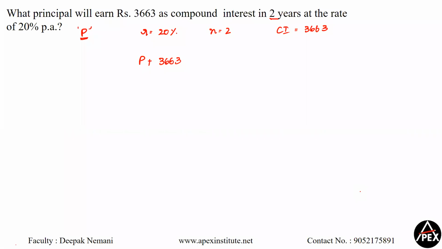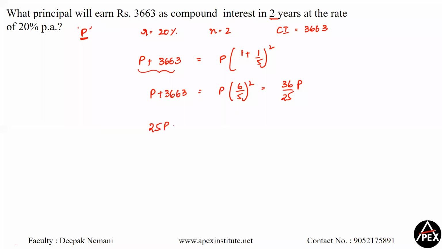The amount will be equal to principal plus compound interest. And the amount at the end of 2 years is equal to P into (1 plus 20 by 100, which is 1 by 5) power 2. So P plus 3663 is equal to P into 6 by 5 square, which is 36 by 25 P. If I cross multiply, I will have 25P plus 3663 into 25 is equal to 36P.